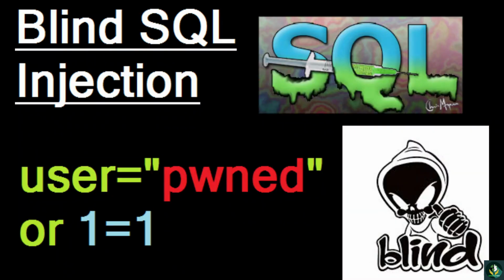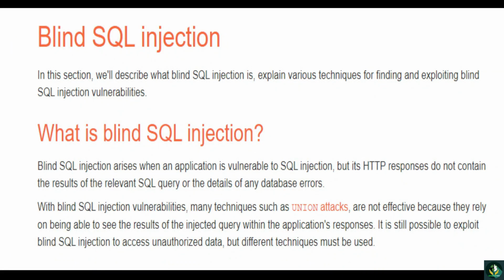Hey there, let's talk about blind SQL injection. In this section we'll describe what blind SQL injection is, and explain various techniques for finding and exploiting blind SQL injection vulnerabilities. So what is blind SQL injection?